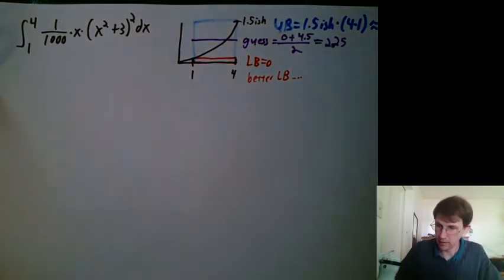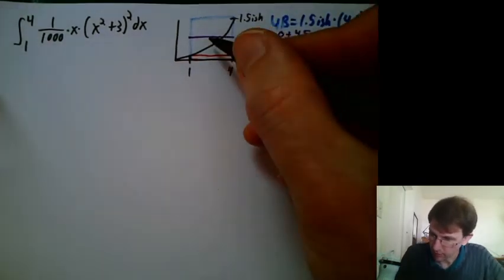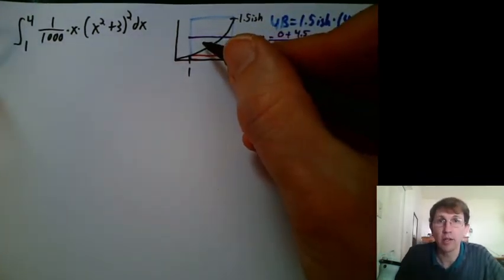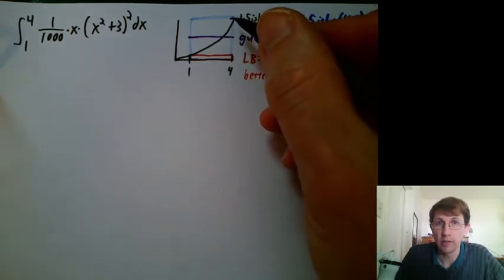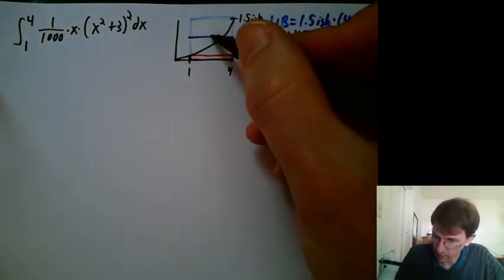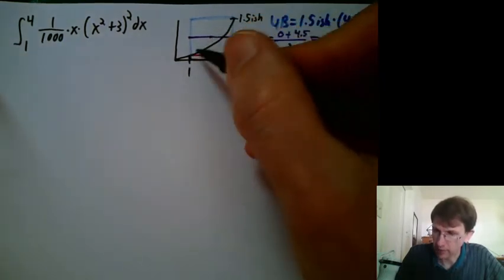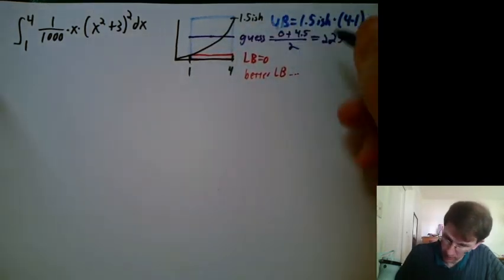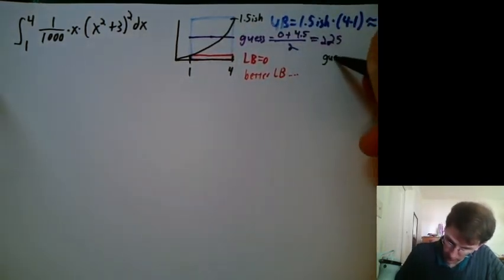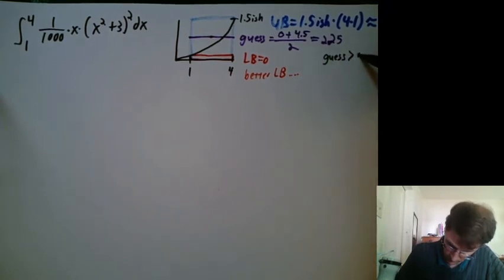Well, you can see the guess is including more area here that it shouldn't than area here that it should include, that it's missing. Or you can think of tilting the guess around its center point, so it's a diagonal line there, and then you'd see the diagonal line is above the value of the function. So we think the guess is larger than the actual.